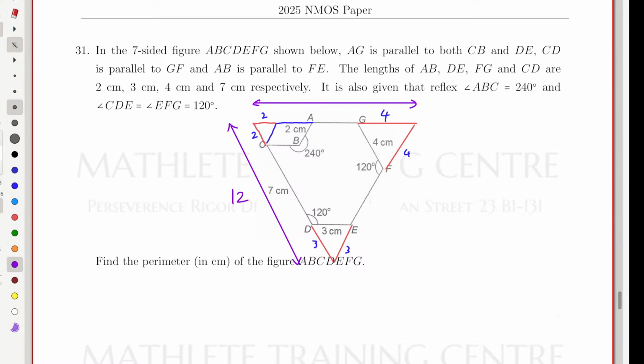So then we have a 6 here, right? We have a 6. And then on the right side is also 12, so this is a 5. Yeah, correct. So therefore, the sides of the hexagon, they will be 7, 3, 5, 4, 6, and 2. The final answer for this question is going to be 27.